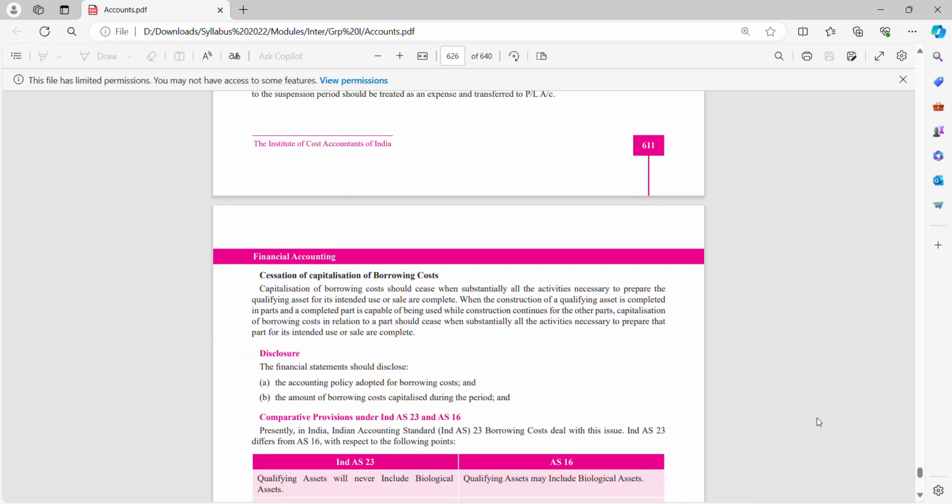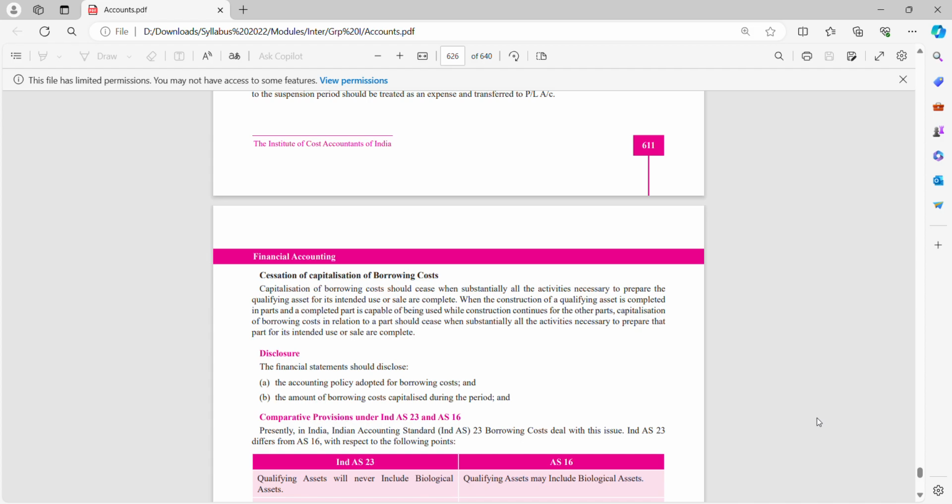Cessation of capitalization of borrowing cost. Capitalization of borrowing cost should cease when substantially all the activities necessary to prepare the qualifying asset for its intended use or sale are complete.